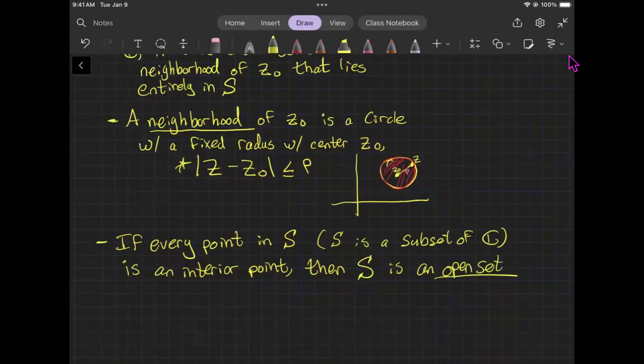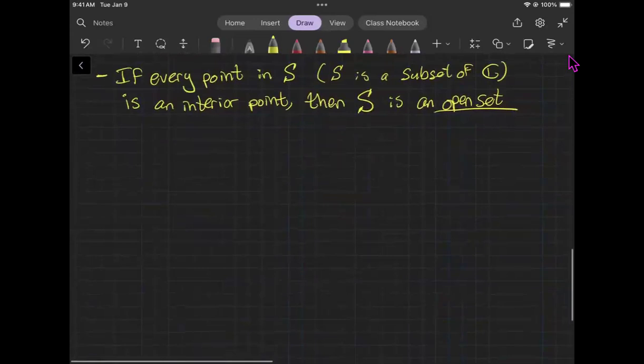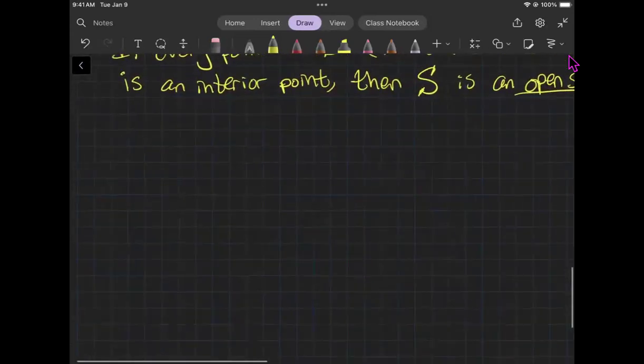And that's what it means to be an open set. So let's actually look at an example of an open set.